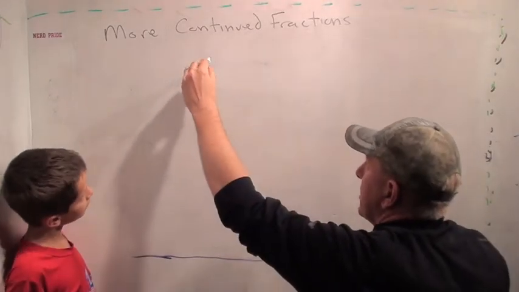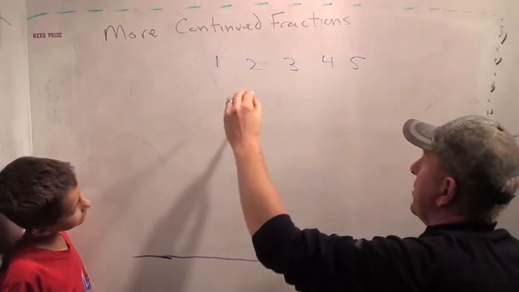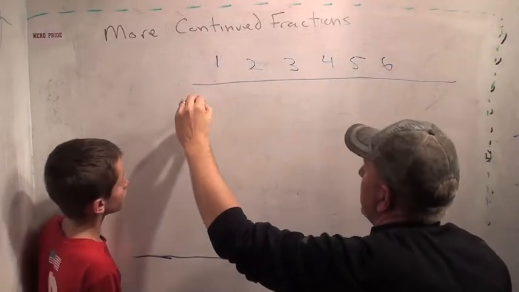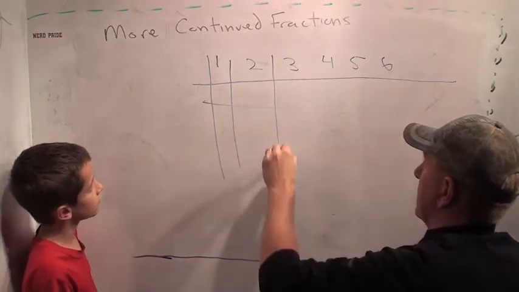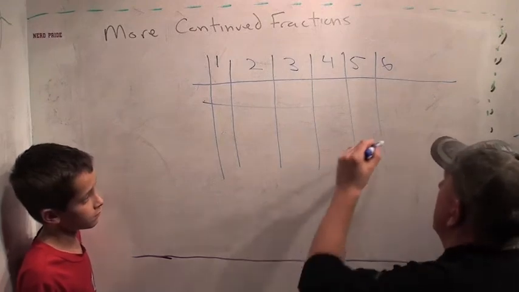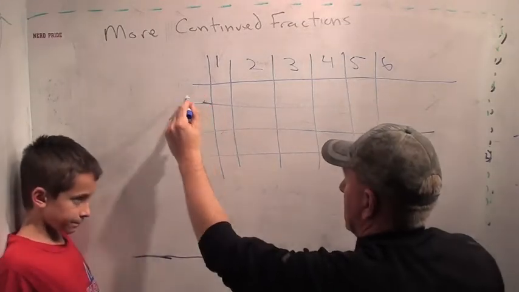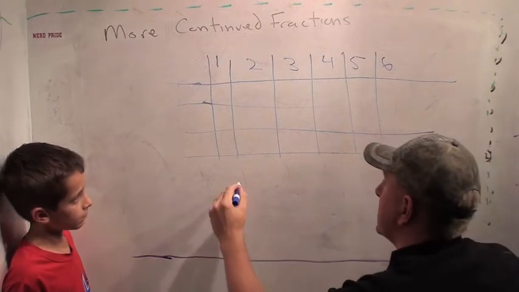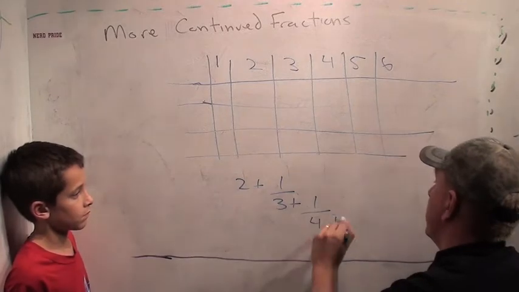So what we're going to do is write down those numbers that we encounter in the continued fraction, in a little box. So let's look at the continued fraction 2 plus 1 over 3 plus 1 over 4 plus 1 over 5.